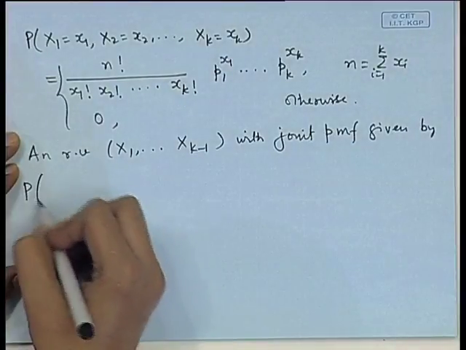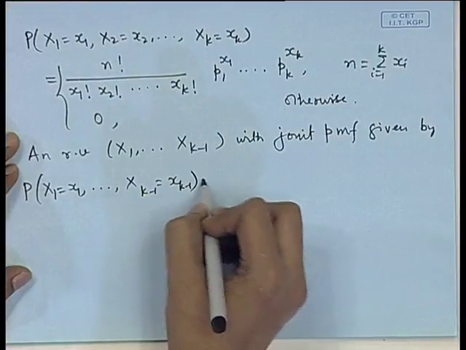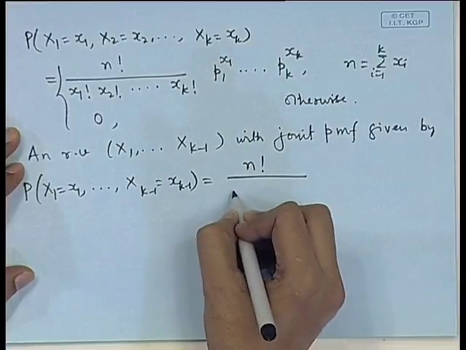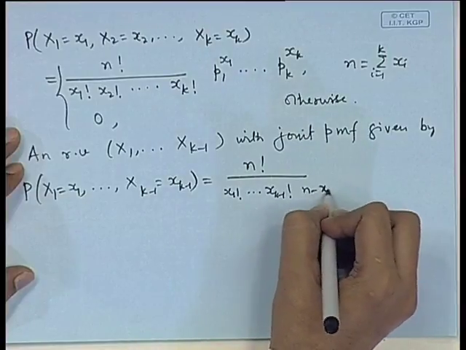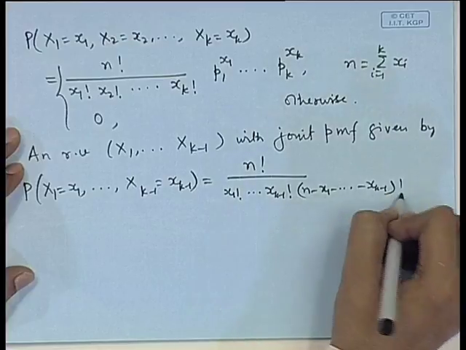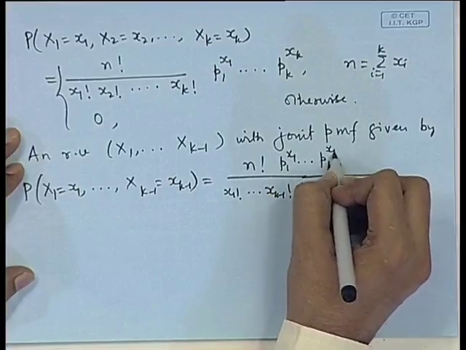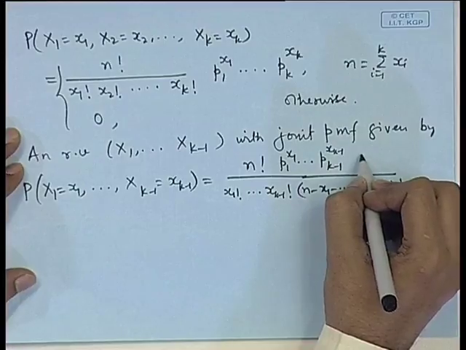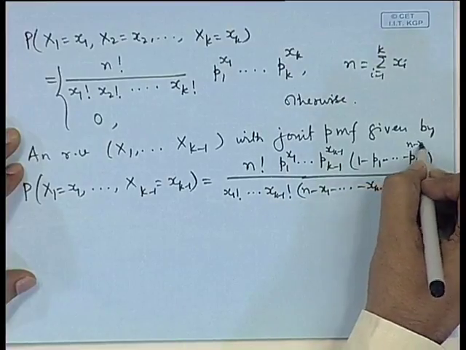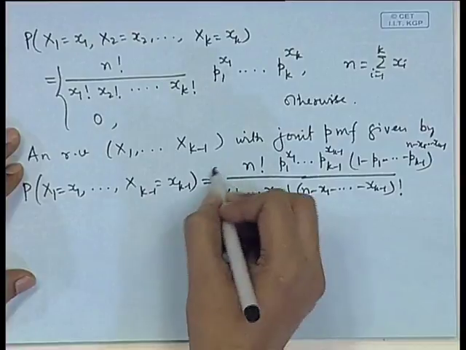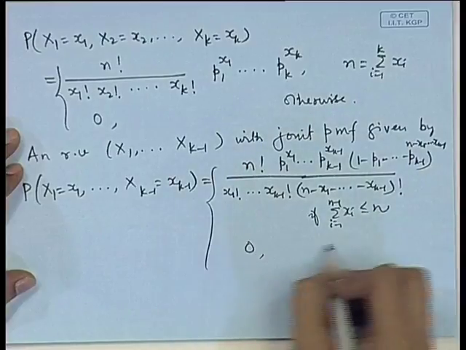We consider it as the probability of x 1 equal to small x 1, x 2 equal to small x 2, x k minus 1 equal to small x k minus 1, that is n factorial divided by x 1 factorial, x 2 factorial, x k minus 1 factorial, n minus x 1 minus x 2 minus x k minus 1 factorial, p 1 to the power x 1 and so on, p k minus 1 to the power x k minus 1, and then 1 minus p 1 minus p 2 minus p k minus 1 to the power n minus x 1 minus x 2 minus x k minus 1, if sigma x i, i equal to 1 to k minus 1 is less than or equal to n, 0 otherwise.